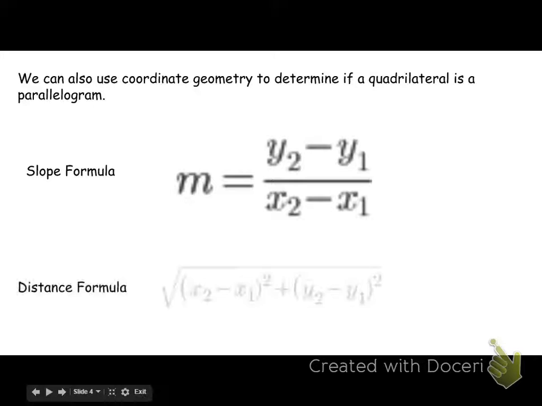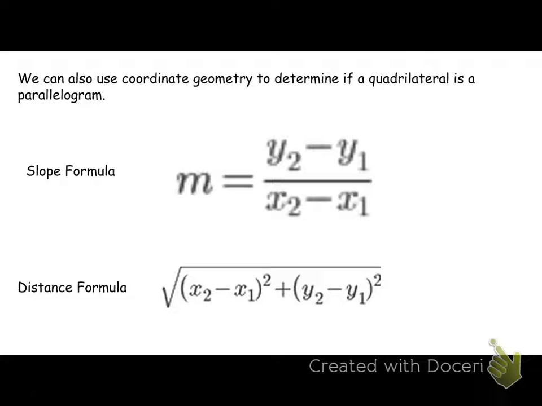You also may have to know the distance formula, which I see someone wrote on the board for me in the last couple days. Square root of the quantity x2 minus x1 squared plus the quantity y2 minus y1 squared. Of course, the distance formula really came from the what theorem?